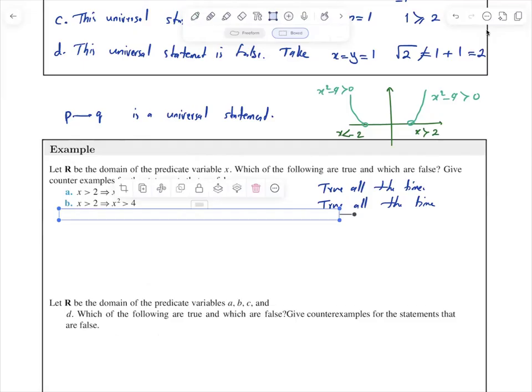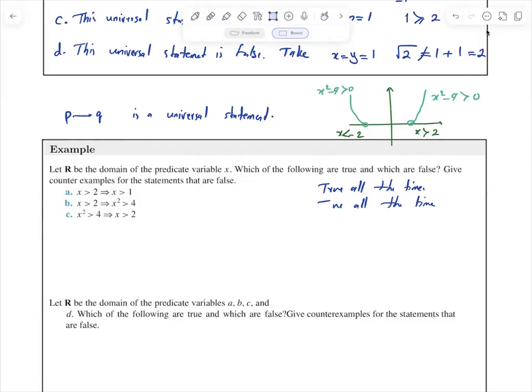Let's take a look at another one. Here I have C, which says x squared is more than 4, then it implies that x is more than 2. Well, let's go back to the algebra, to what we did before. This is a false statement, right? So C is false. We can check the graph or use numerical values.